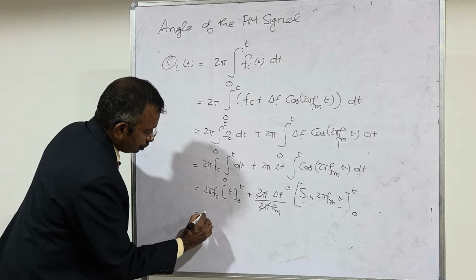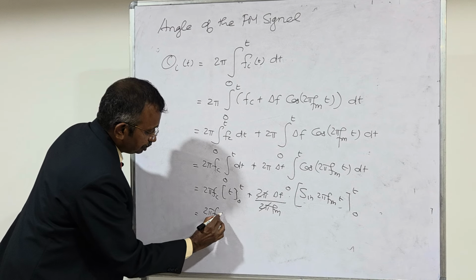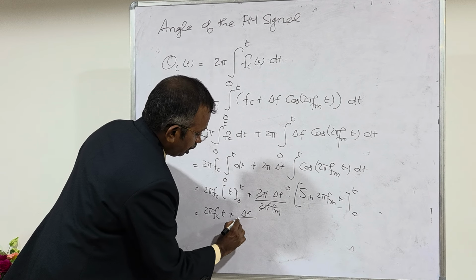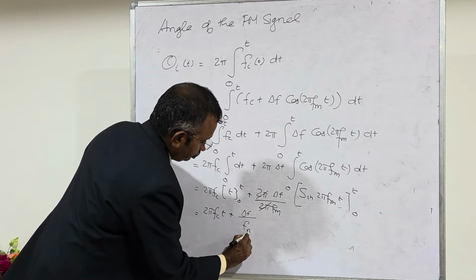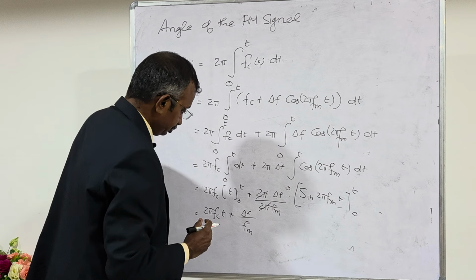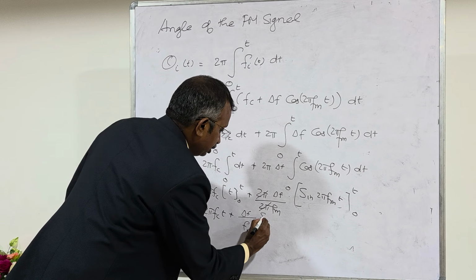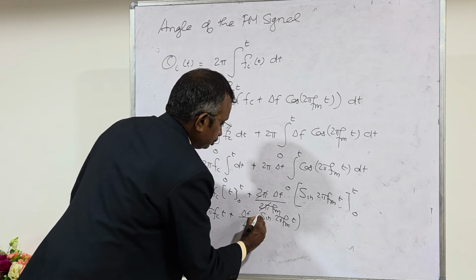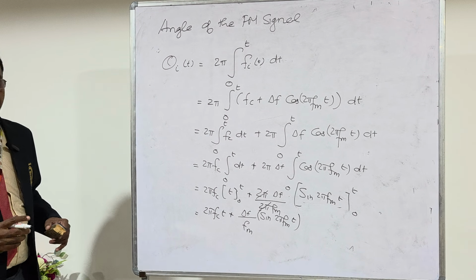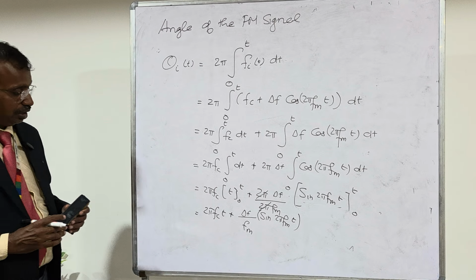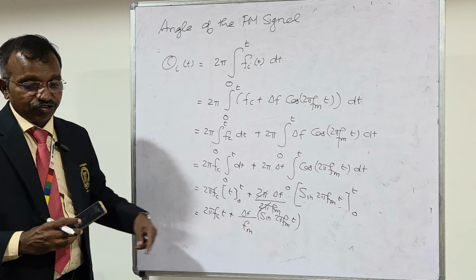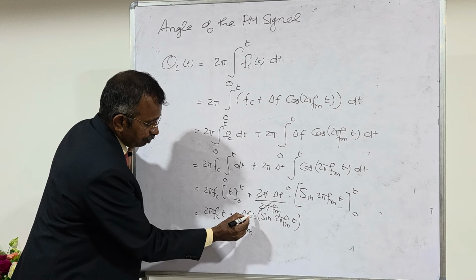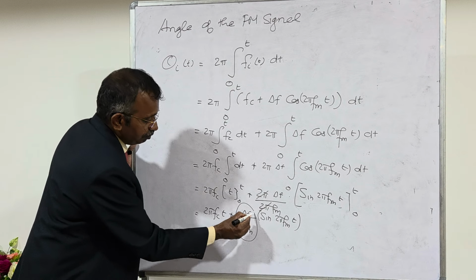So this is 2 pi fc into t plus del f by fm into sin 2 pi fm into t. So this ratio, del f by fm, is one of the important ratios, and we are going to call this the modulation index.